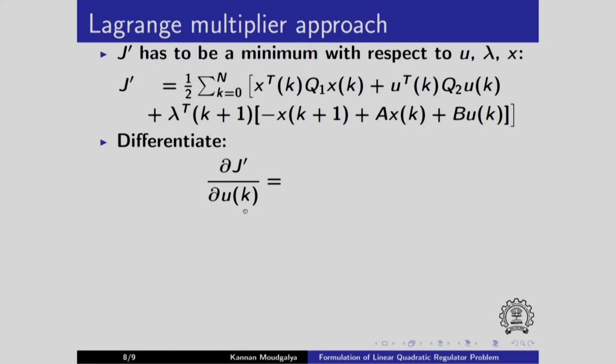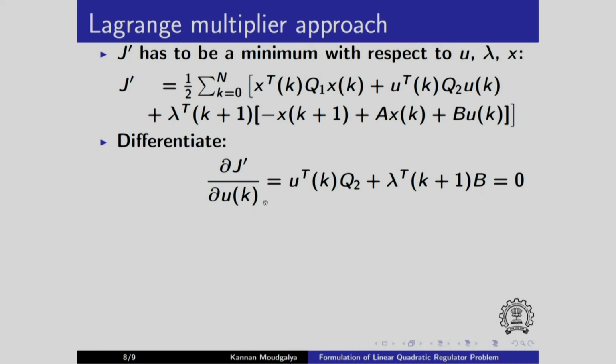First, let us differentiate with respect to u. Notice that when I differentiate this, I get from this term the first expression here, and from here I get this lambda transpose k plus 1 times B. We would want this to be equal to 0 because we would want this to be a minimum with respect to u.